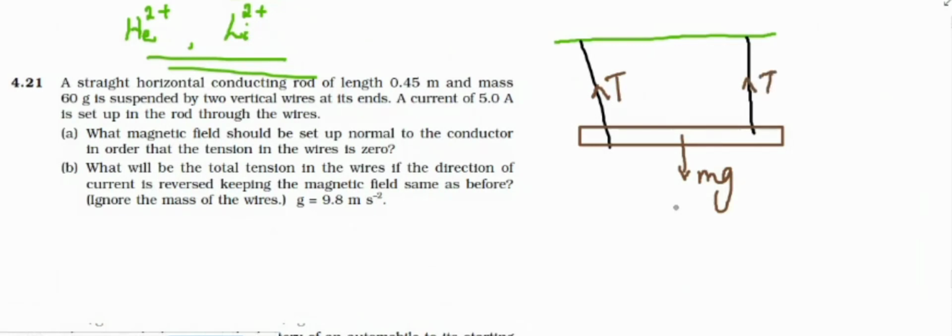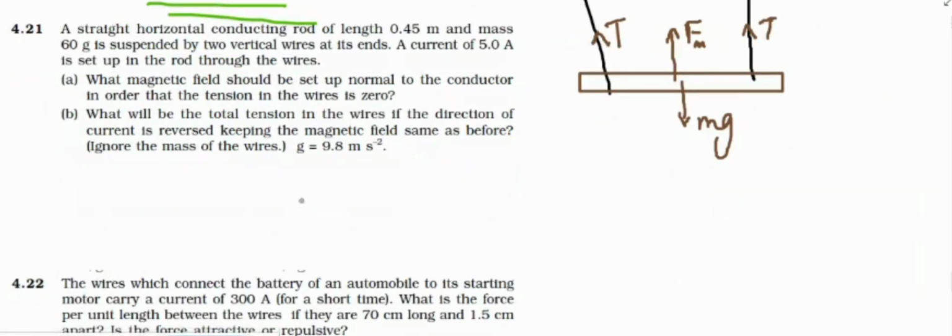Tension zero means you have to set up a magnetic field in such a way that the magnetic field gives a force upwards, and that force due to the magnetic field is equal to mg. At that situation, mg is cancelled, so there is no tension in the wire. The force experienced due to the magnetic field is ILB. ILB is equal to mg.